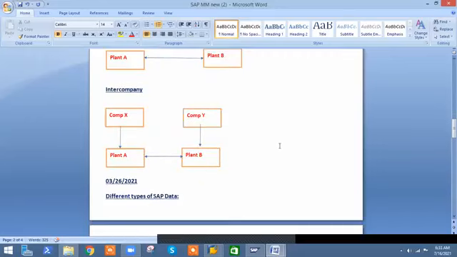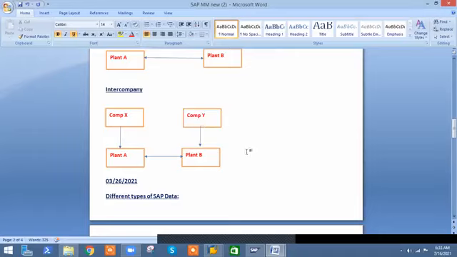Whereas intercompany STO defines itself: the materials are transferred from one plant to another plant across company codes. I have a company X under which I have plant A. I have one more company, Y, with plant B. These are two different plants from different companies.